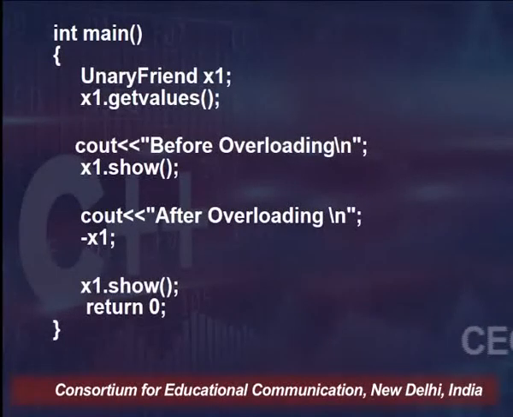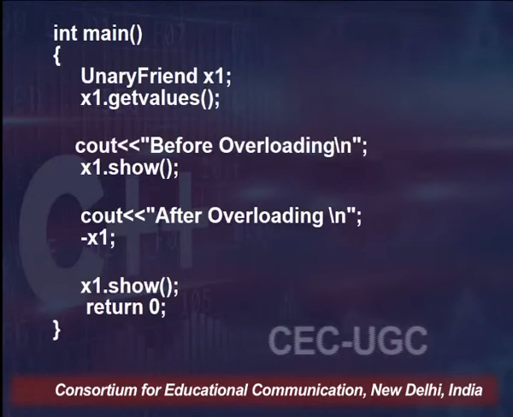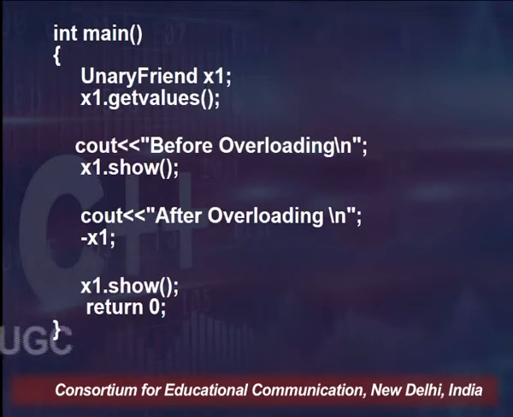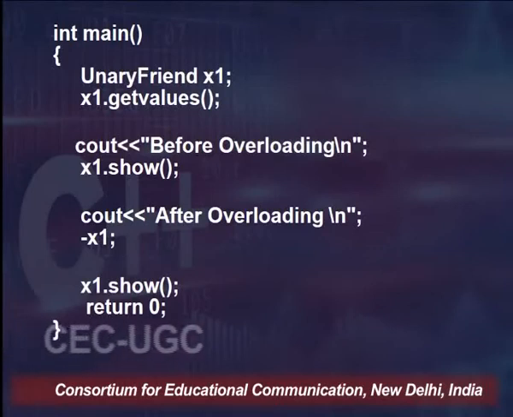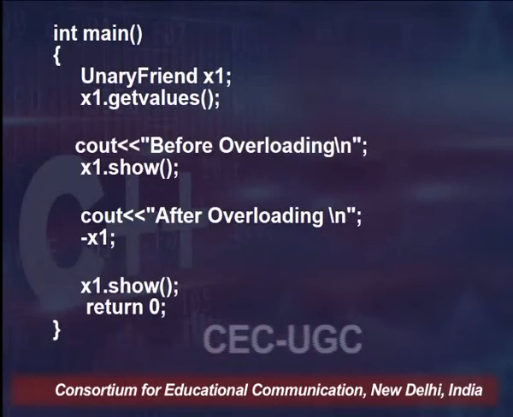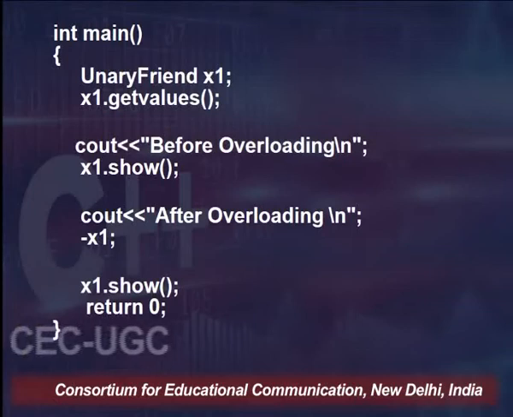And looking at the driver code, we have one object x1, and then we call the x1.getValues function, which is already defined, in which we take the values of a, b and c. Before overloading we show the values, and after overloading we also show the values, but in between we have written one statement, which is minus x1.